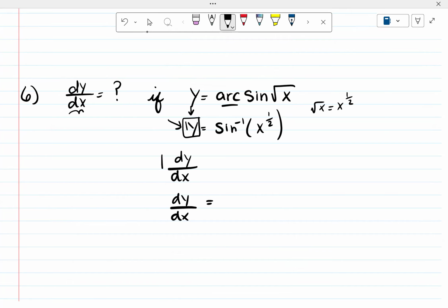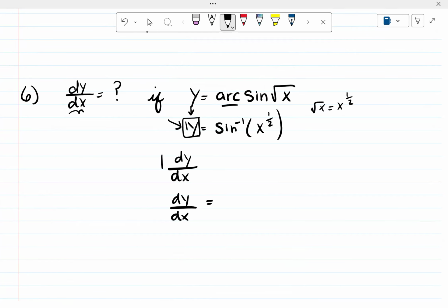What about the right side? What is the derivative of sin inverse of x to the 1/2 with respect to x? Let's just take the derivative of sin inverse of x to the 1/2 without figuring out the letter. What would that be? It's one of the special ones.